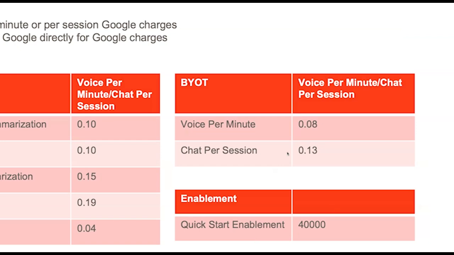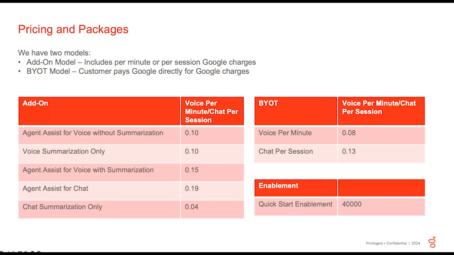If you already have Google services on your side and an account with Google, and you just want to use the AI Connect service to stream it, but you already have your consumption model on the Google side, you will go with the bring your own tech model on the right-hand side. And then, in either scenario, you're going to be doing a one-time quick start enablement to help us with setting up the integration for you.